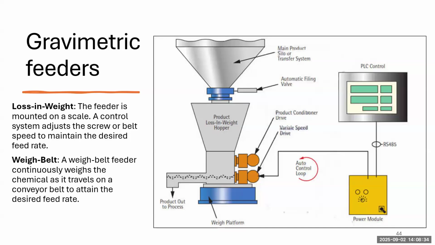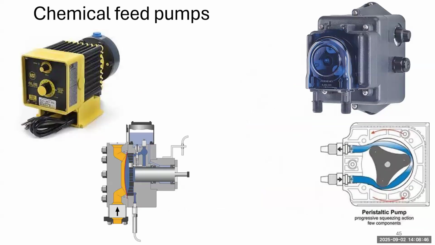And you can also have a system that measures the chemical going out on a belt, like a conveyor belt type of arrangement where it's constantly comparing the weight on the belt to make sure you have the right feed rate.